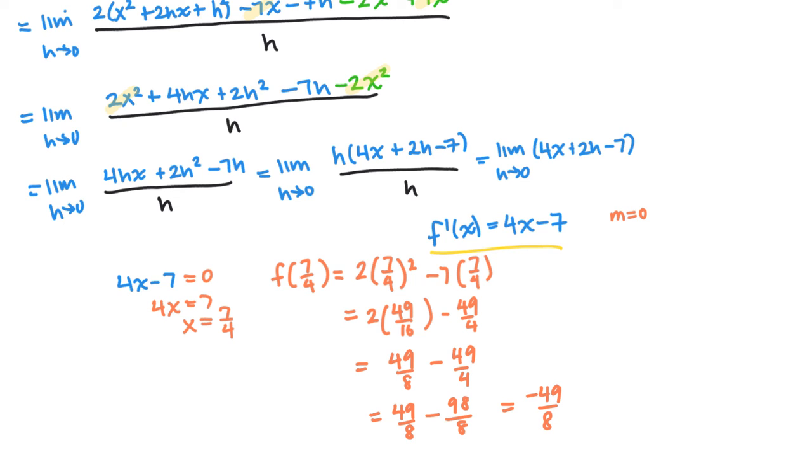Okay, so there should be a horizontal tangent at 7/4, comma, negative 49 over 8. And because f of x equals, what was it? 2x squared minus 7x is a parabola, this would actually also be the vertex.